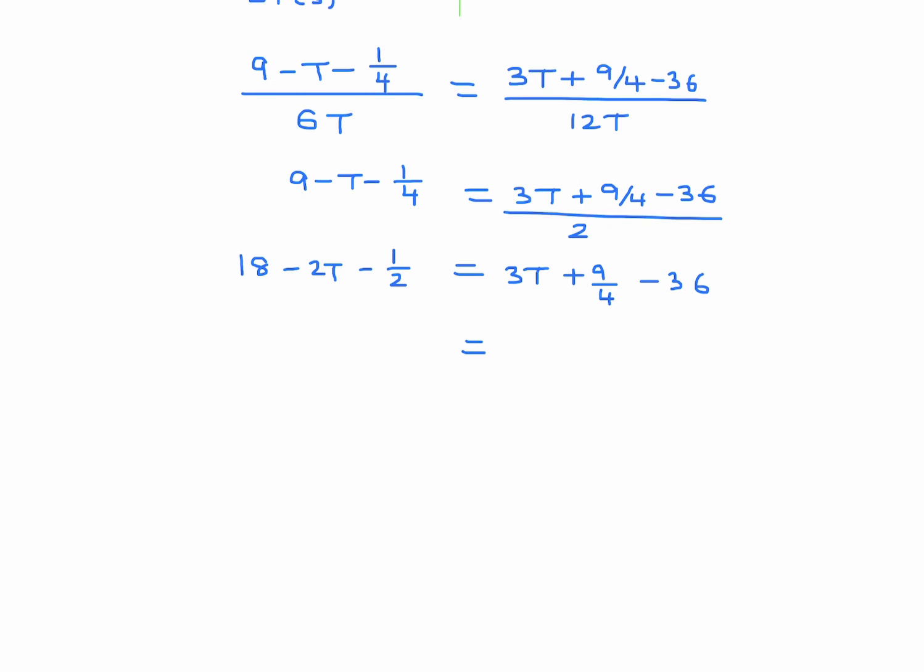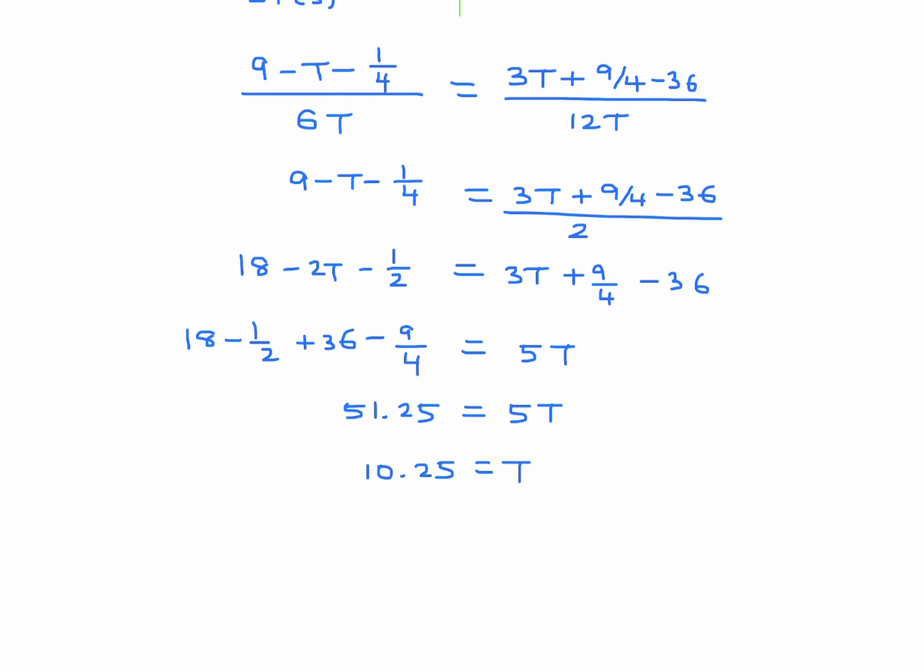I think I can combine like terms here. 5t, and put all the numbers on the other side. 18 minus a half plus 36 minus 9 over 4. When you crunch out these numbers, you get 51.25, and then therefore t is equal to 10.25.